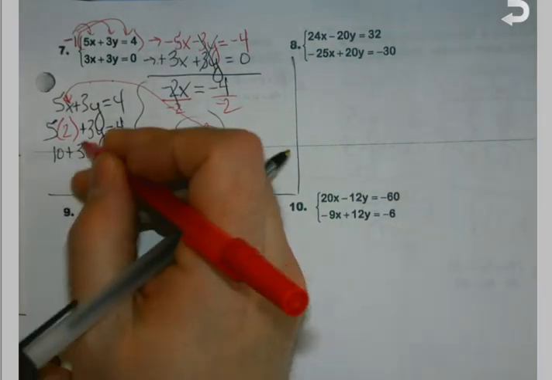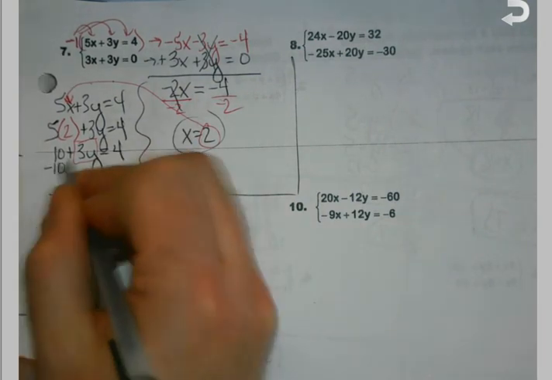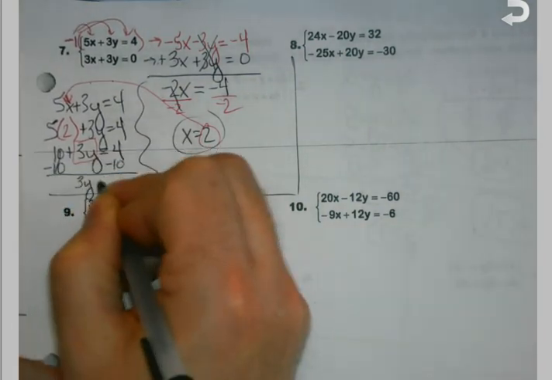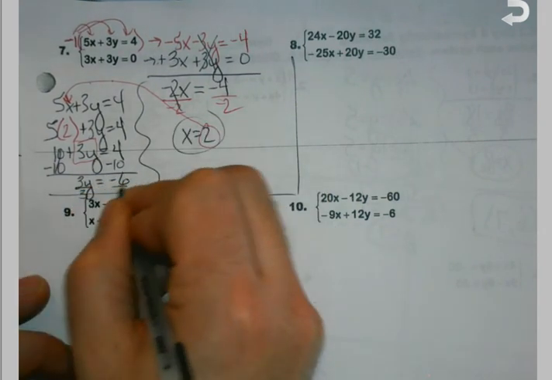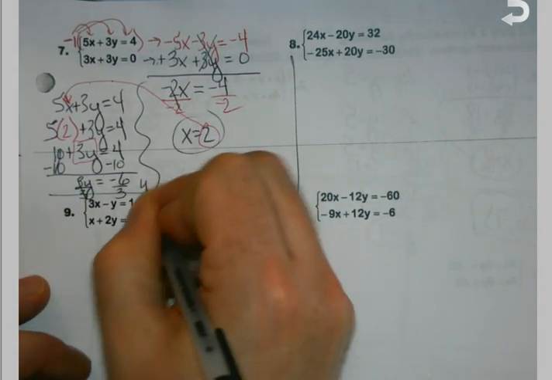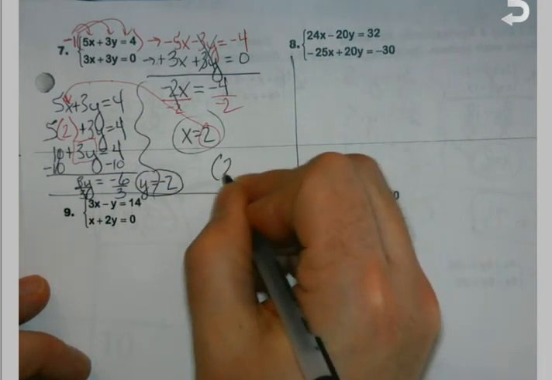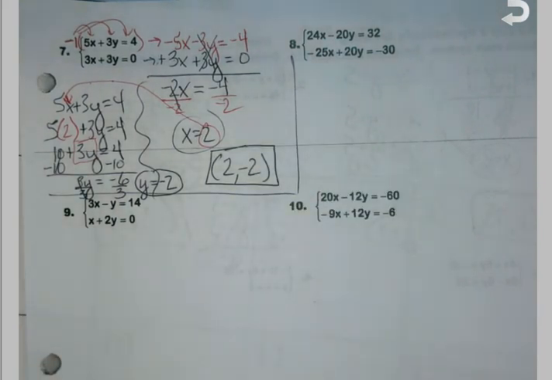But again, it's always about getting my y value alone. The opposite of a positive 10 is to subtract. Y is going to be negative 2. And we're going to be set there.